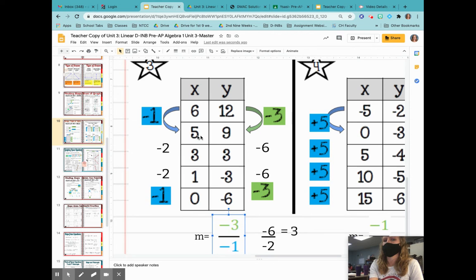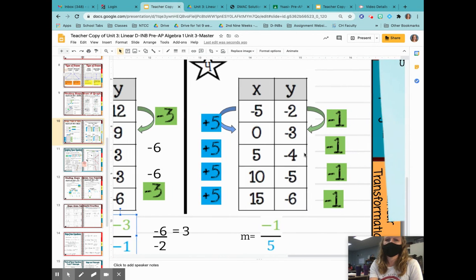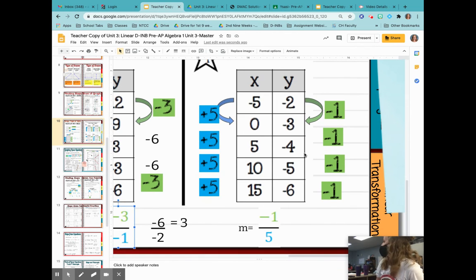So these are still proportional. This went down by double, so then the y went down by double. Okay, and then number 4, change of y over change in x, negative 1 over positive 5, which is negative 1 over 5.